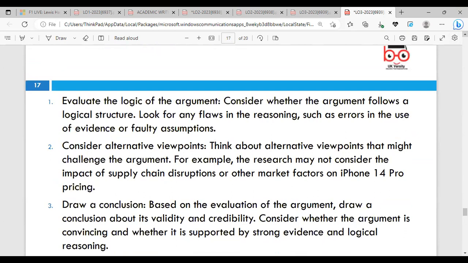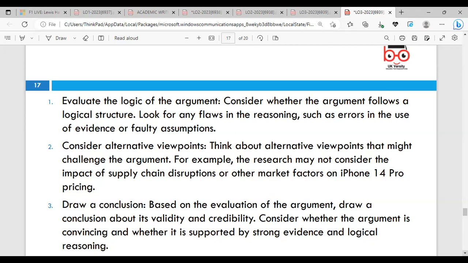That will help us think more critically. For the logical argument, consider whether the argument has a logical structure and look for flaws such as errors in the use of evidence. Consider the alternative viewpoint: the researcher might not consider the impact of supply chain disruption and market factors on iPhone Pro pricing.